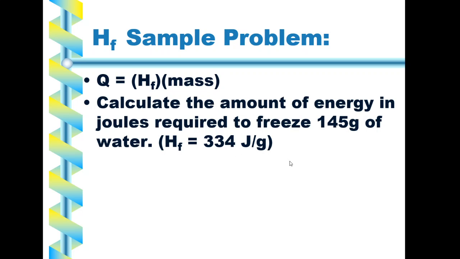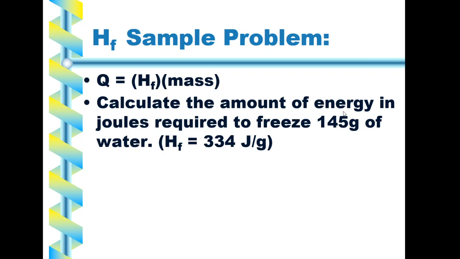All right, so here's a sample problem for heat of fusion. So remember, our equation is Q equals heat of fusion times mass. Calculate the amount of energy in joules required to freeze 145 grams of water. Freeze right there tells you you are going from a liquid to a solid, so that's where you would use heat of fusion.